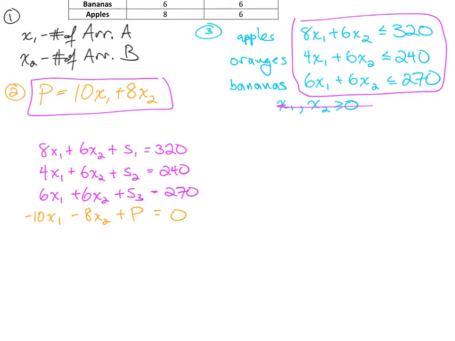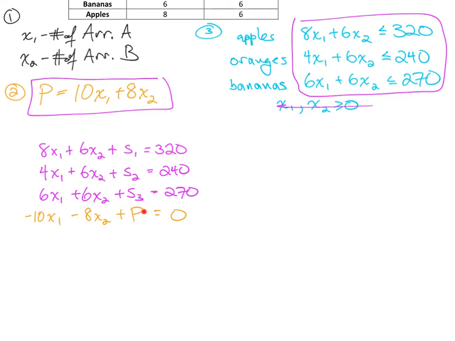Okay, here it is. For the first inequality, we would add a slack variable and set it equal to 320. The second inequality, we would add a different slack variable, s sub 2, set it equal to 240. The third inequality, with s sub 3, would equal 270. And then the last equation would be this profit equation.